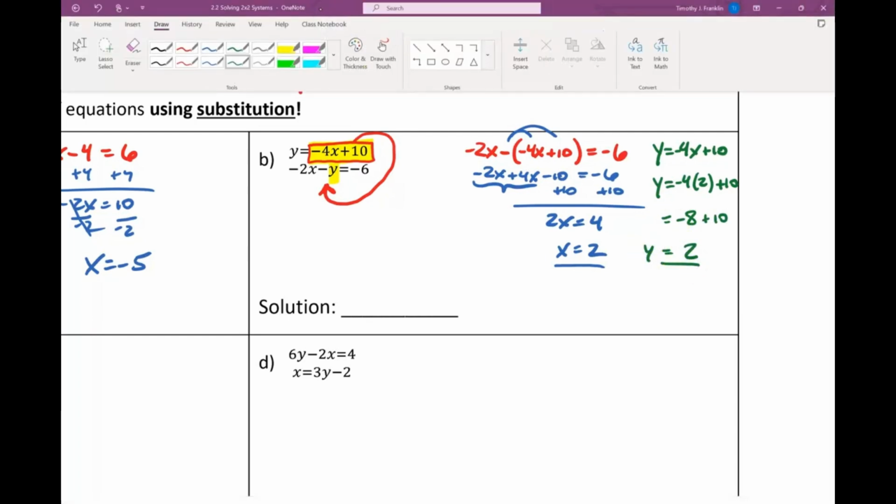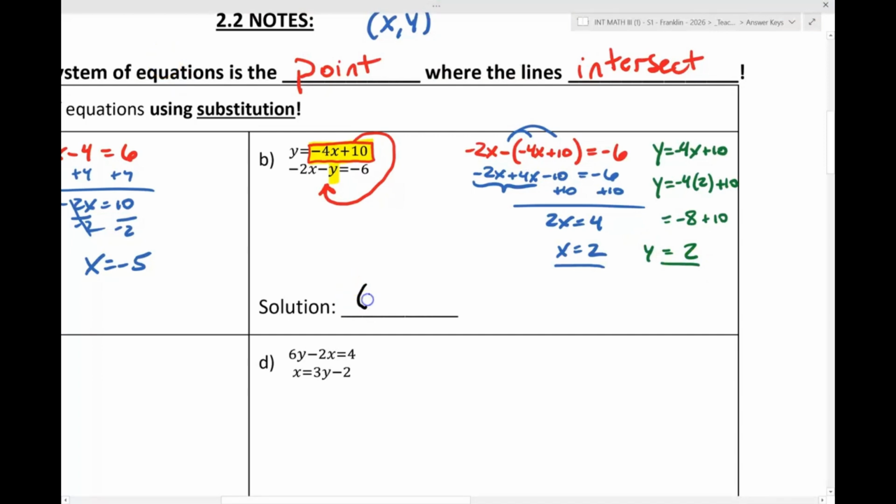So now our solution here is 2, 2. And it's always a good idea to just double check your answers by putting in 2 for x and 2 for y in both of your equations, just to double check that it works. And it does in this case. If you try that in both, you get a balanced equal equation. And that's always a good idea to do no matter what equation or system you're solving.